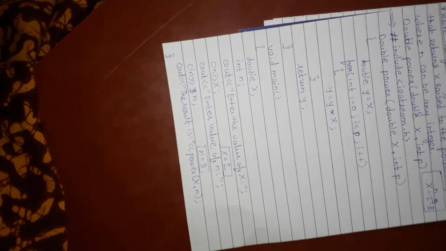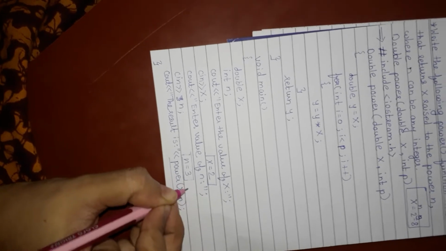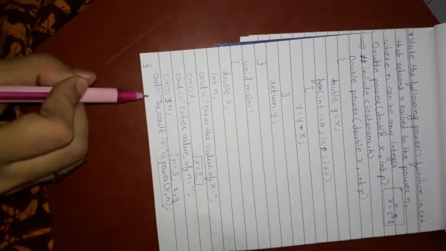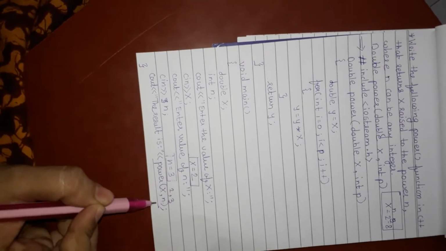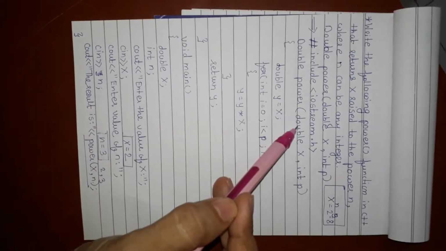After that, in the cout statement, the result is, and we have called the power function with x as 2 and n as 3. Because of this line, the control moves to the power function.